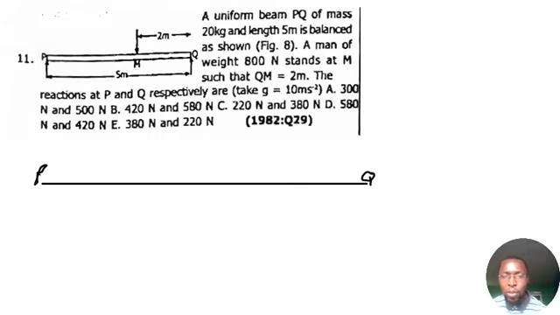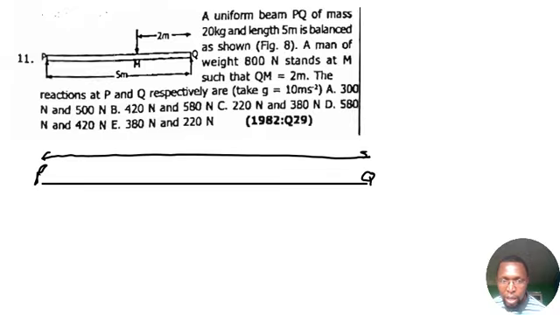Now, because the beam has a mass of 20 kilogram, that means the weight is acting at the center. And the length of this beam is 5 meters. So that means from P to Q the length is 5 meters.